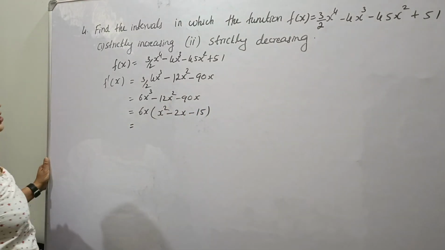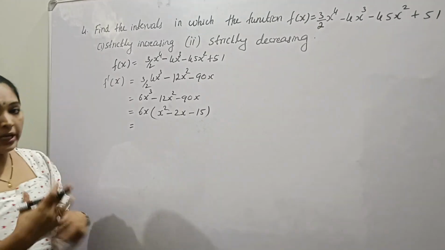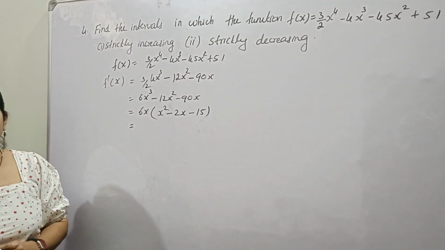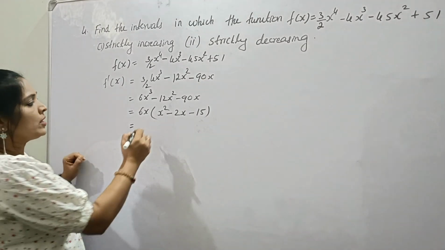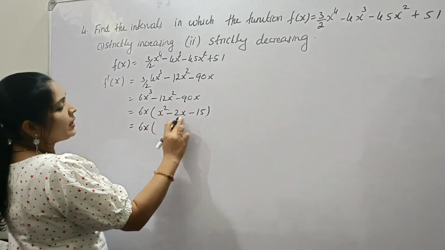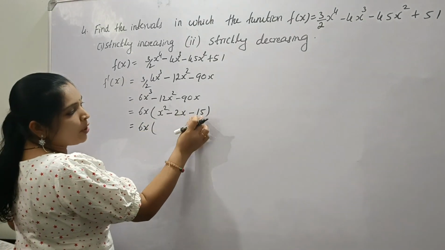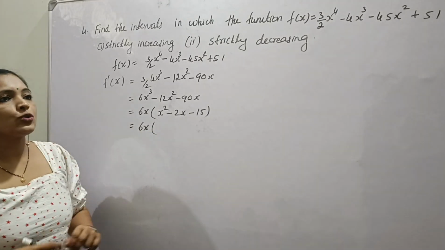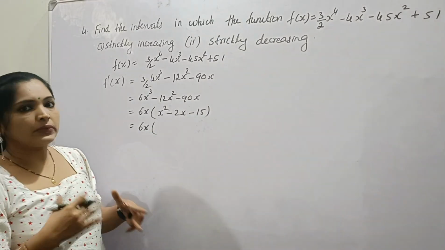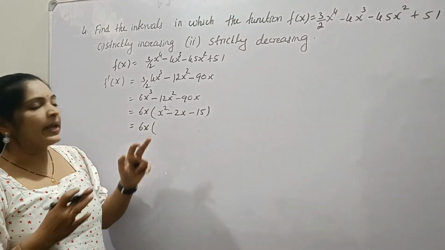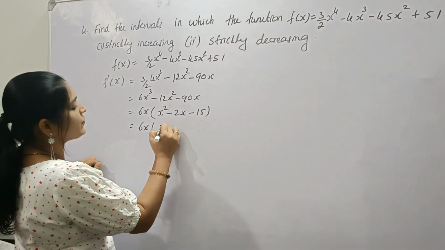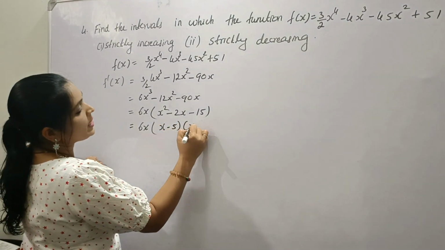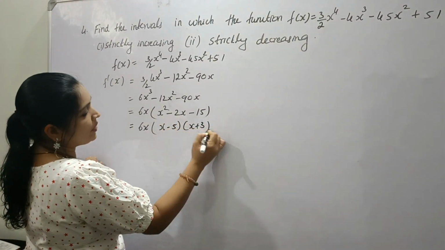Let us make it in the form of x plus a into x plus b to find the critical points. So 6x into, the product should be minus 15 and the addition should be minus 2. That is, the 2 numbers are 3 and 5, so minus 5 plus 3, x minus 5, x plus 3. 3 fives are 15.